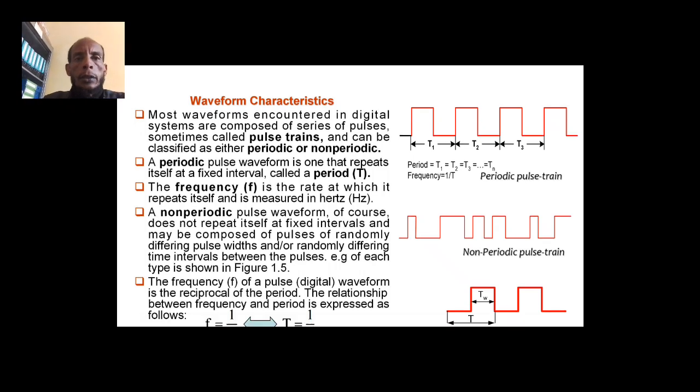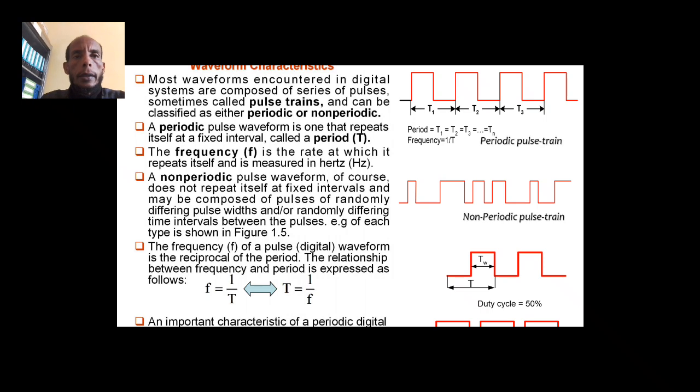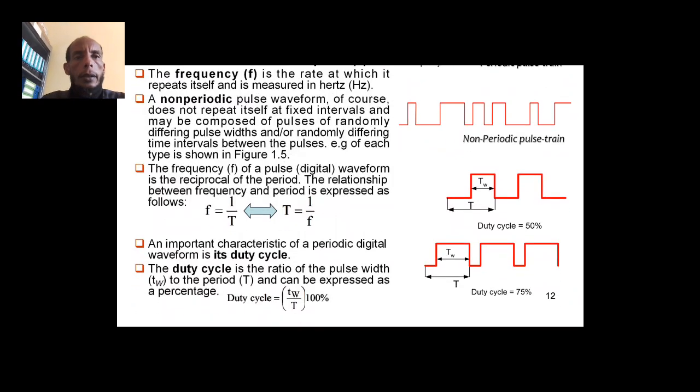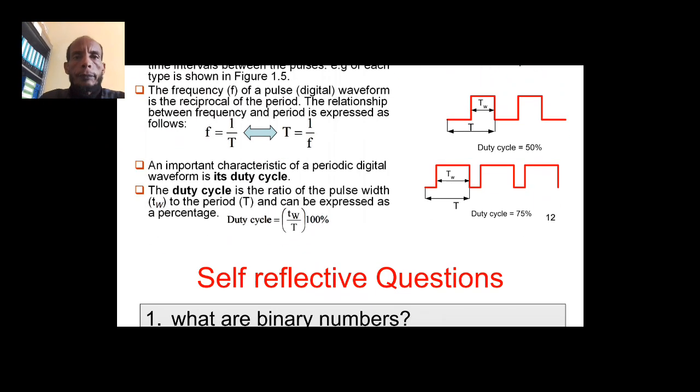Frequency is measured in hertz, the SI unit. A non-periodic pulse is the opposite of that. As I told you before, it is not uniform. That is why we say non-periodic. The frequency of a pulse or digital waveform is the reciprocal of the period. The relationship between frequency and period is that frequency is equal to the inverse of the period, or the period is equal to the inverse of the frequency.